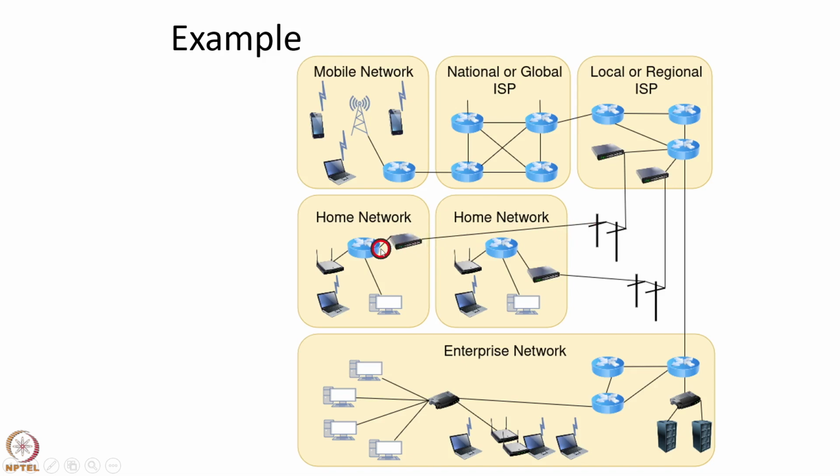And a typical home network consists of a router and a modem which connects it to the rest of the internet via DSL, FTTH, or cable internet and so on. And there is a wireless router or a Wi-Fi router which provides wireless connectivity to the smartphones and laptops within the home. The router also provides wired connectivity to the desktop computers in the home. So this is a home network, and this is also a home network.